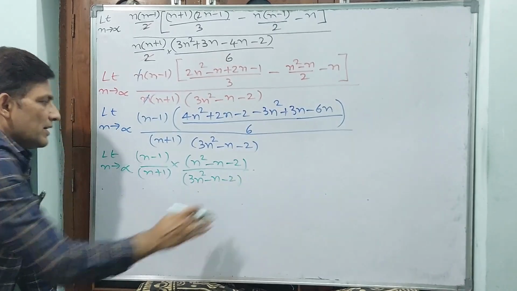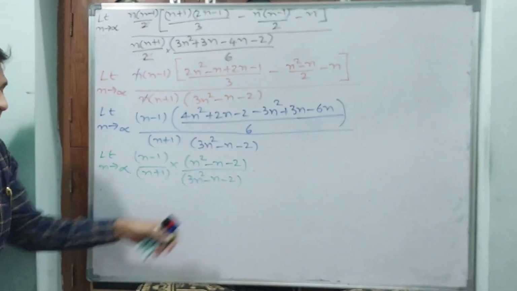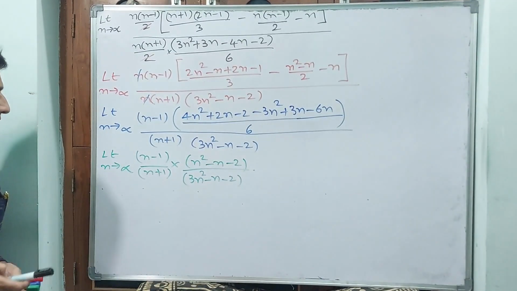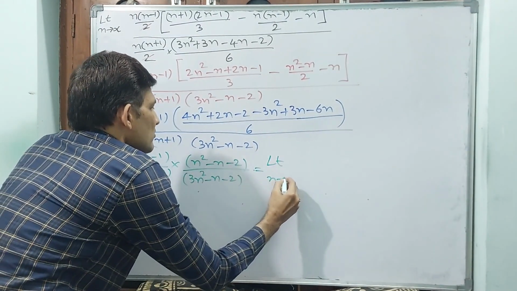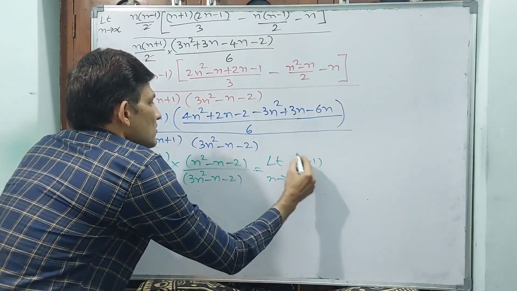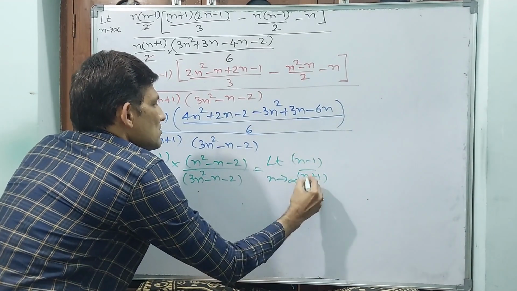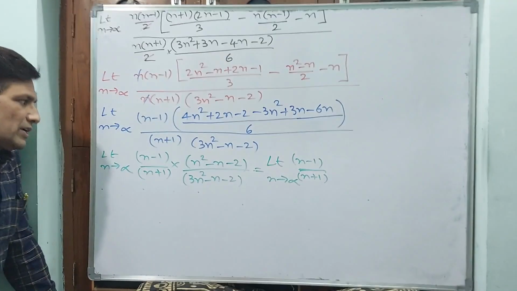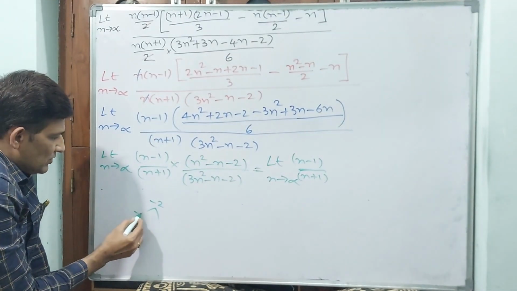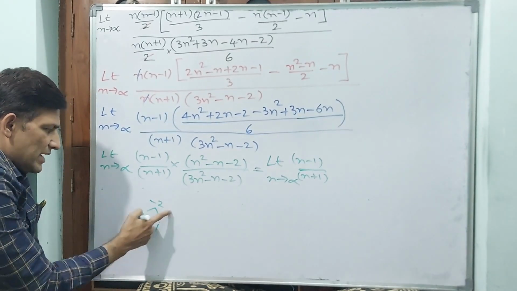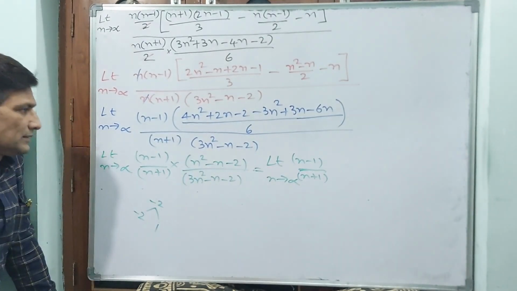Now see, like a quadratic equation, I want to take common, and let me see whether any cancellations are going to occur. Limit n to infinity, n minus 1 by n plus 1. See, n square, 1 into minus 2 minus 1 has to come. Minus 2 plus 1 is minus n.